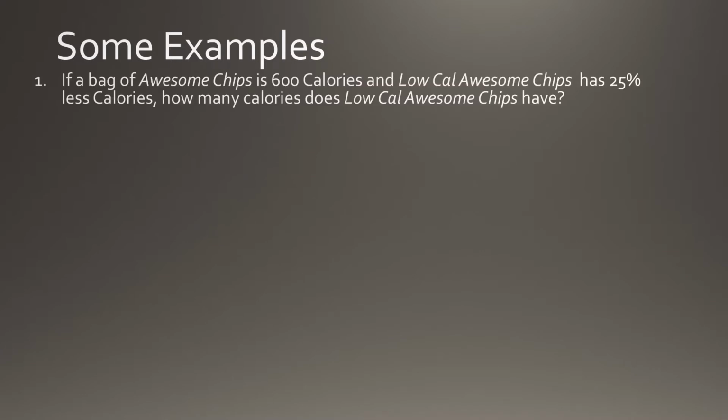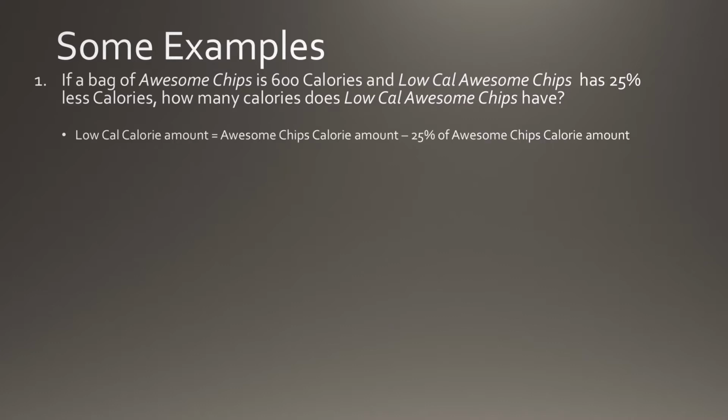We'll say that a bag of Awesome Chips is 600 calories and Low-Cal Awesome Chips has 25% less calories. So we can ask the question, how many calories do Low-Cal Awesome Chips have? And we've got that formula, just like before.